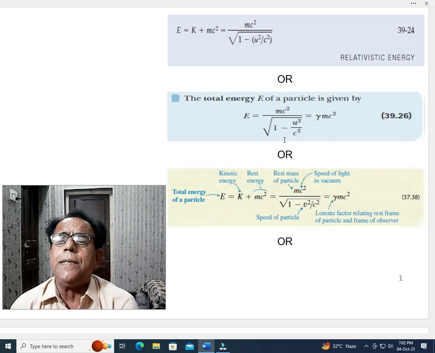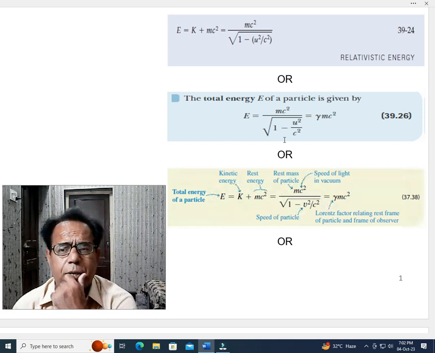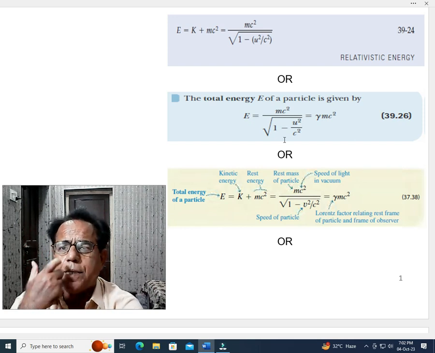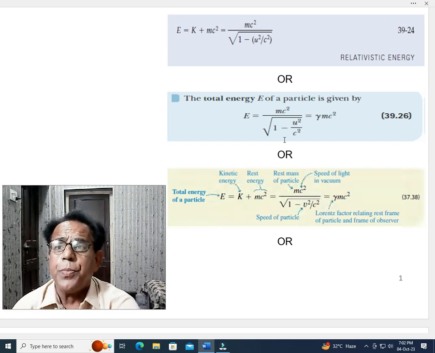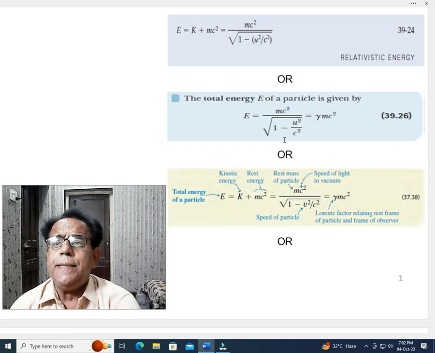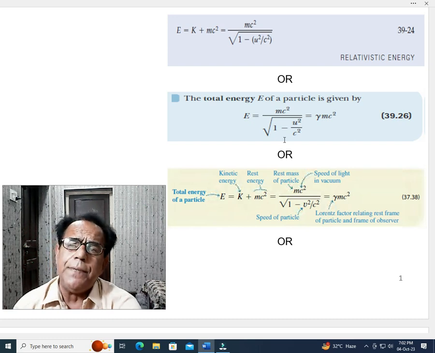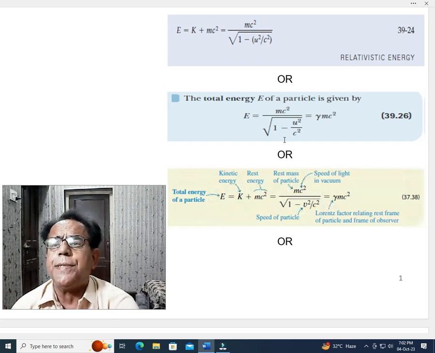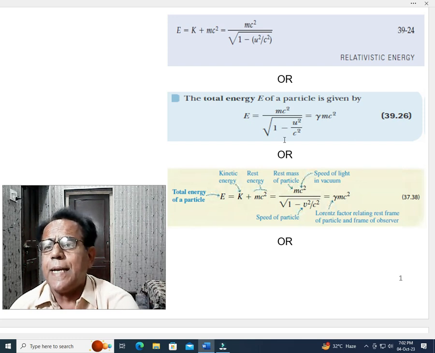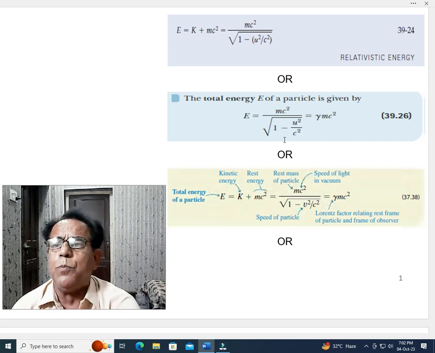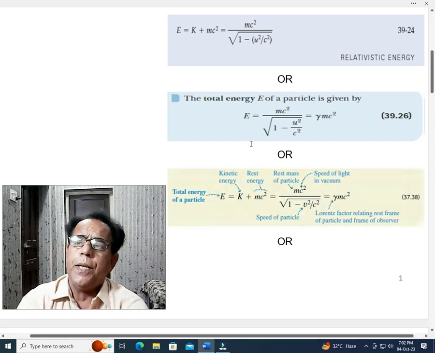This alternatively becomes equal to mc² over under root 1 minus v² over c², where m is the rest mass of the particle, c is the speed of light in vacuum, v is the speed of the particle. Okay, and this alternatively becomes equal to gamma into mc², where gamma is the Lorentz factor relating the rest frame of the particle and the frame of the observer.